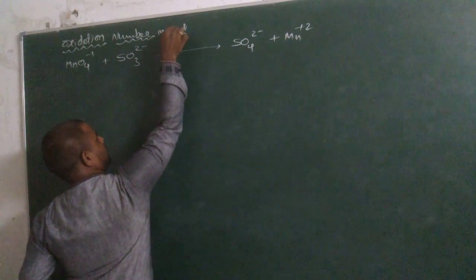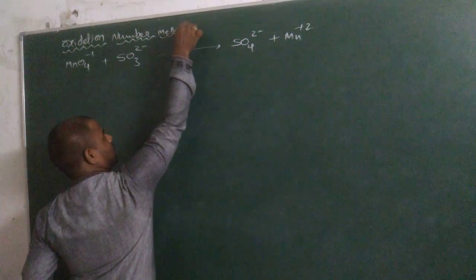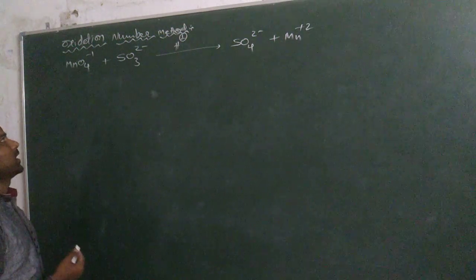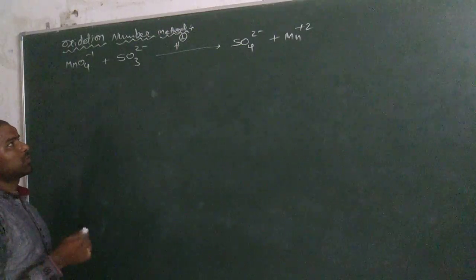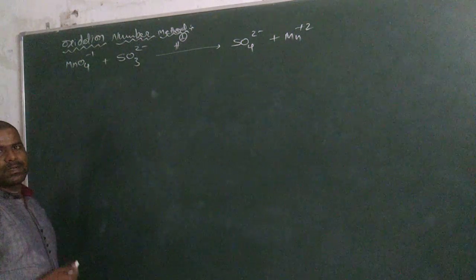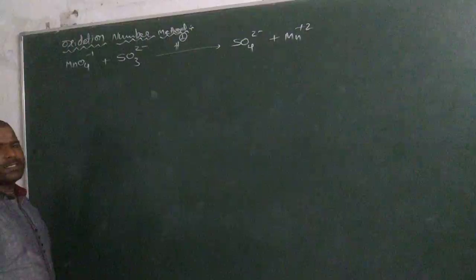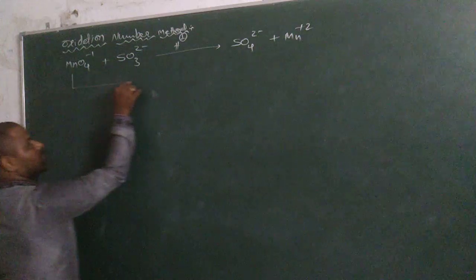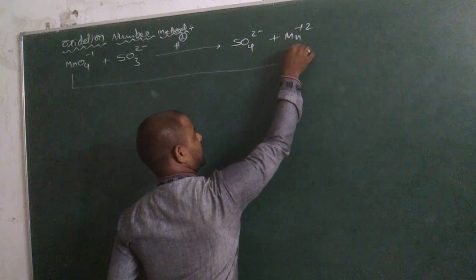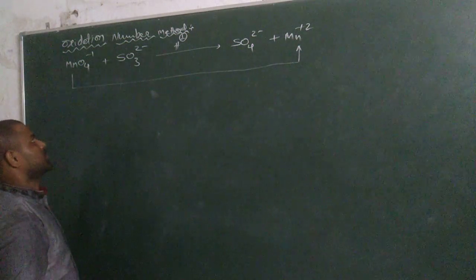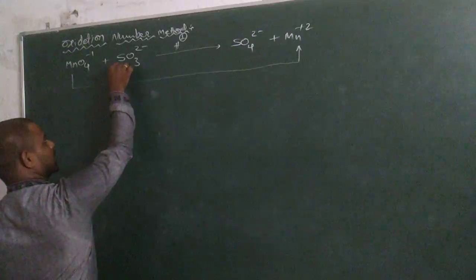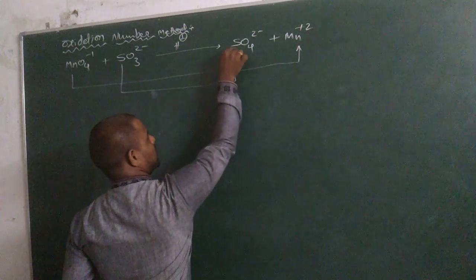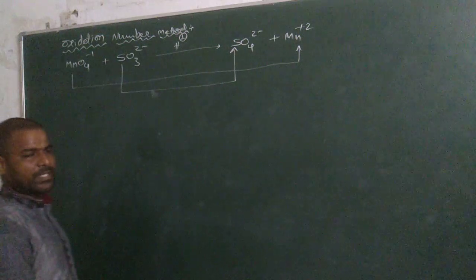First, we check which element of the given ion or molecule has changed its oxidation state in the chemical equation. Here, in the case of manganese, its oxidation state is changed. In the sulfite ion, the sulfur oxidation state is changed.